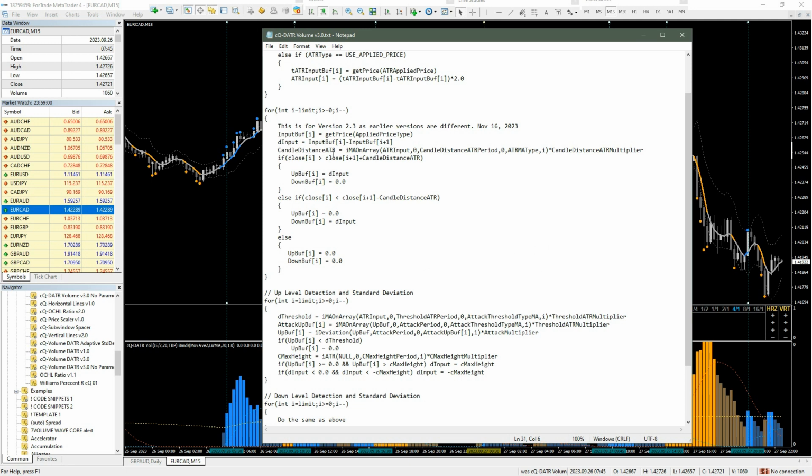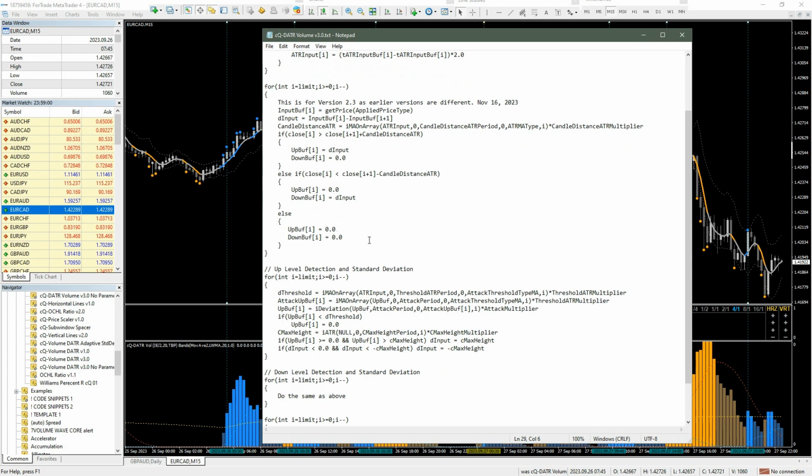If the current close is greater than the previous close plus whatever this candle distance is, it will put the value in the up buffer, set the down buffer to 0. If the current close is less than the previous close minus this candle distance, it will put the input value into the down.